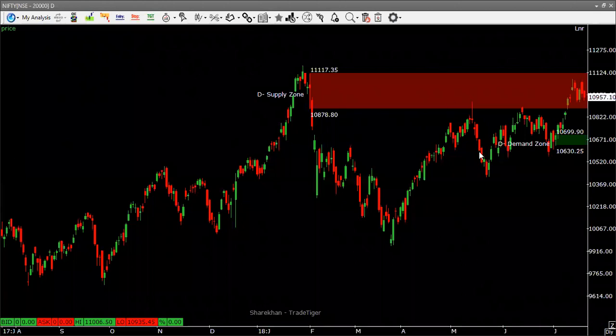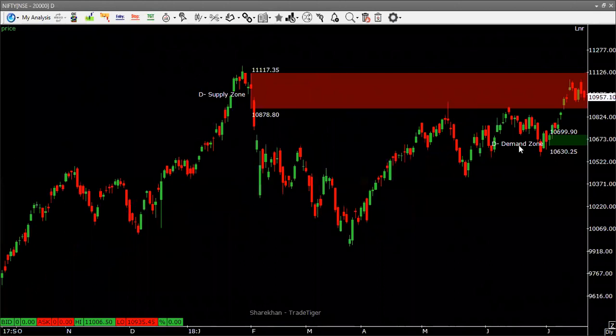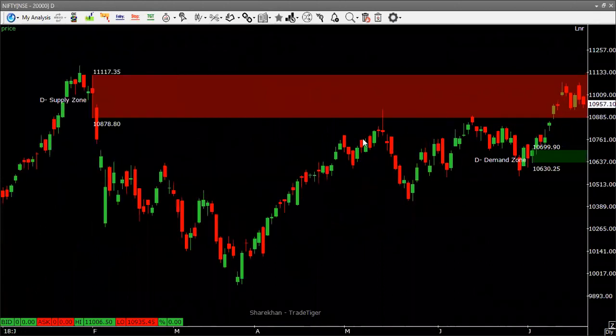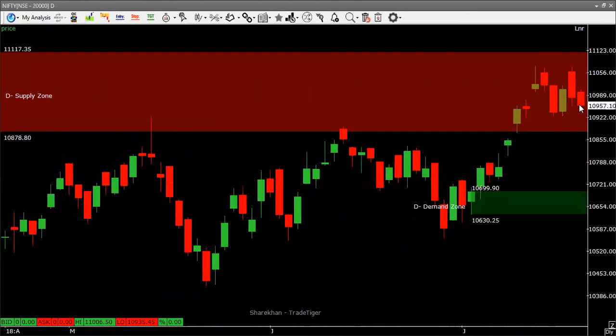Let us now move to the chart of Nifty and do our regular Nifty analysis to see what's happening in the markets as a whole. This supply zone, which we were discussing last week, still stands. It has not been violated yet, as you can see here.